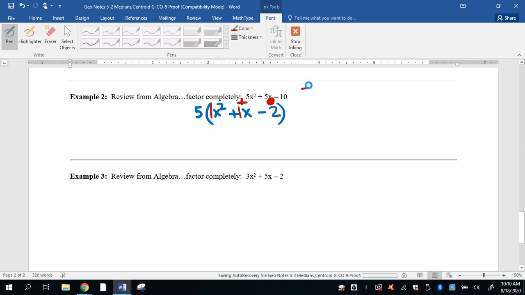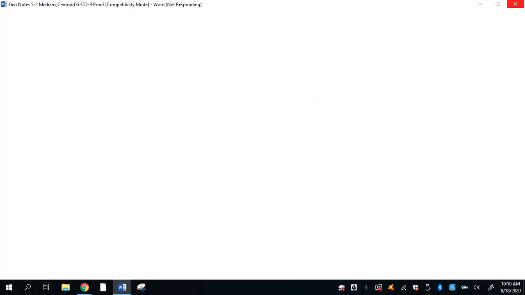So two numbers that multiply to get -2, -1 and 2, or 1 and -2. Which one of those adds to get the 1? That would be -1 and 2. So go ahead and circle the -1 and 2. As you're doing that, go ahead and factor completely. In this class, we want to make sure you are ready for Algebra 2.